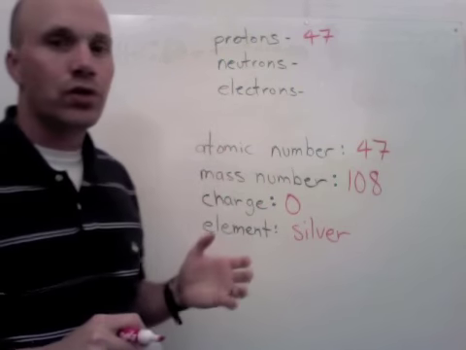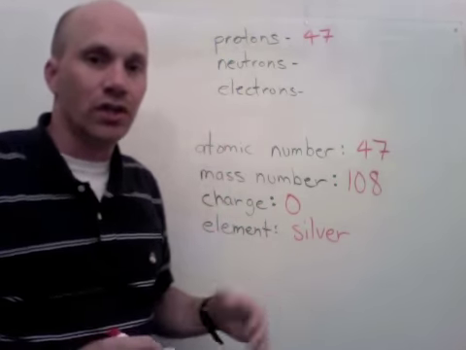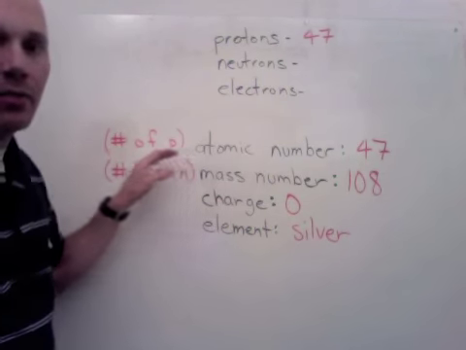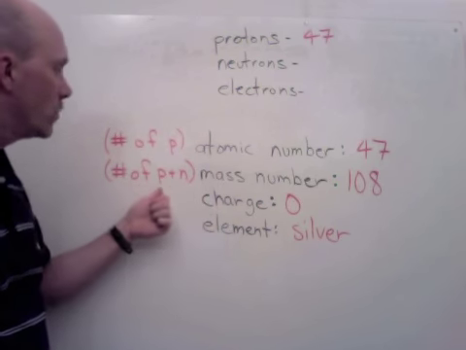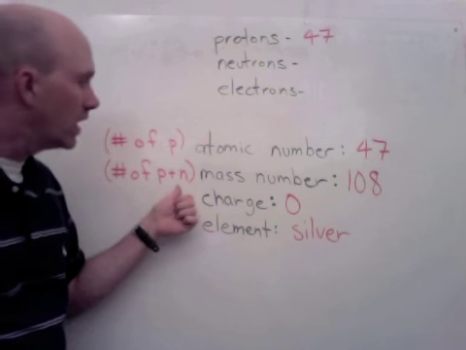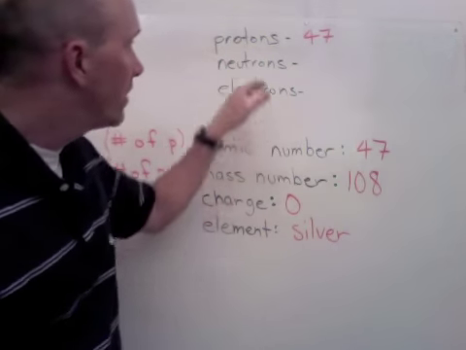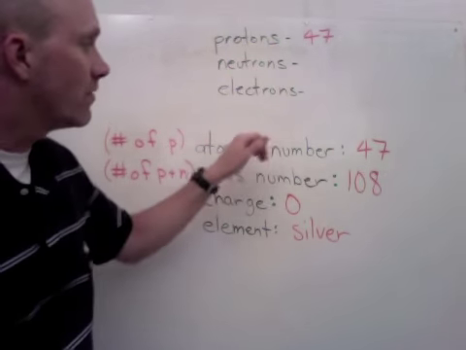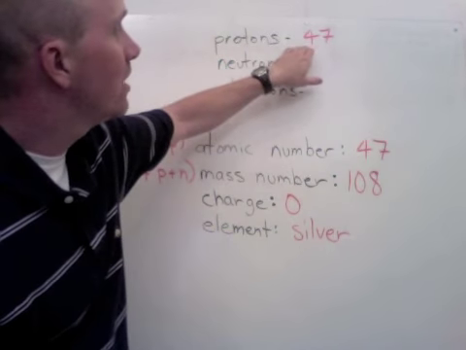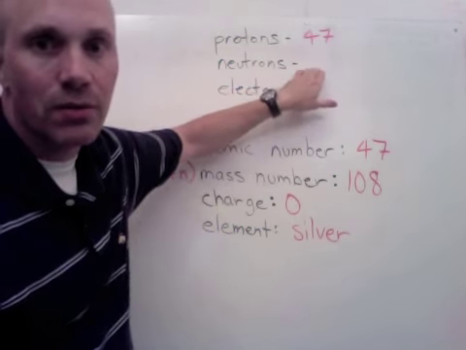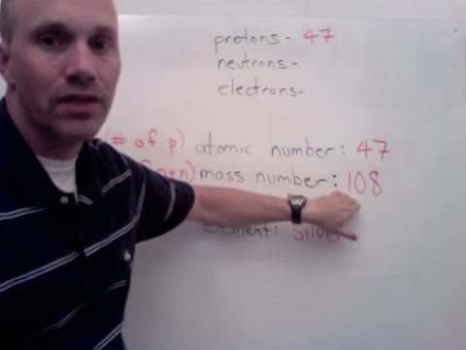Figuring out the number of neutrons requires a little bit of logic. Remember that the atomic number is the number of protons. The mass number is the number of protons plus neutrons. Okay? So, how would you figure out the number of neutrons given this information? Well, before, we would take this number plus the number of neutrons in order to get this number.